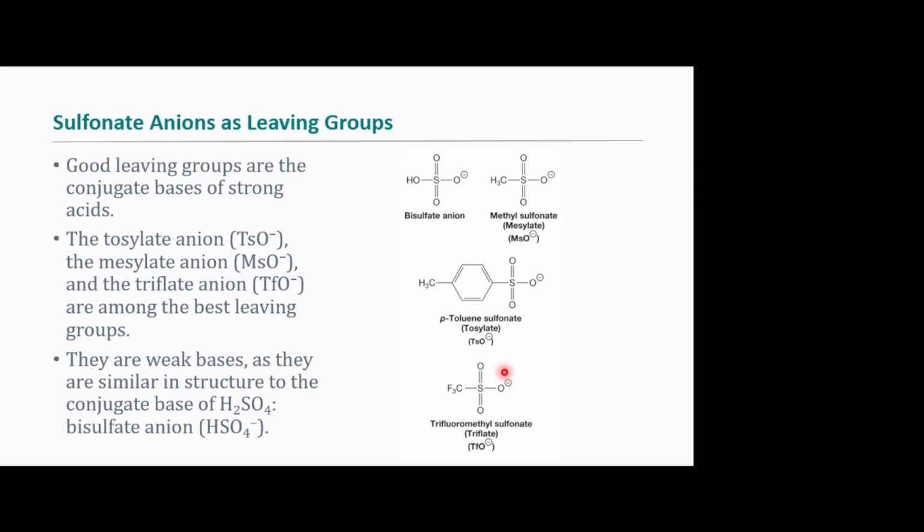But if you start going into something that has a less solvent leveling effect, you can start seeing these. So again, they're going to be weak bases. They're going to be similar in structure to the conjugate base of H2SO4. That would be the bisulfate anion. That's actually this one right here. That's the conjugate base to sulfuric acid.